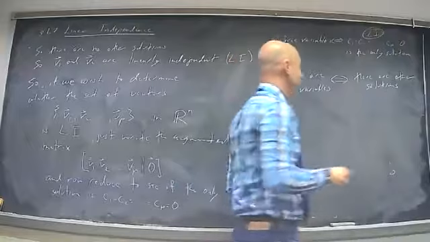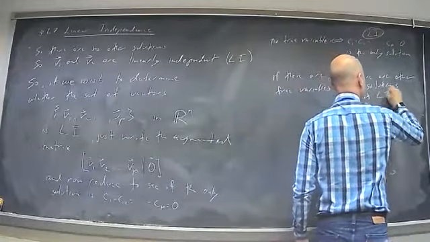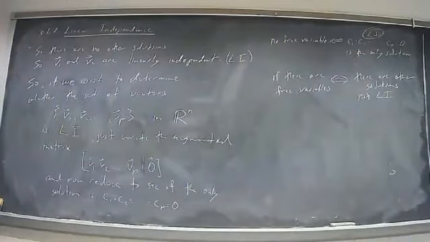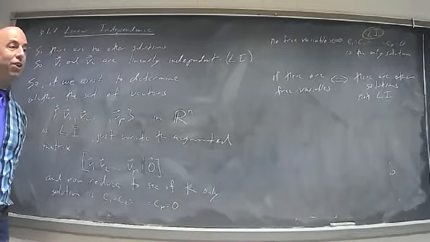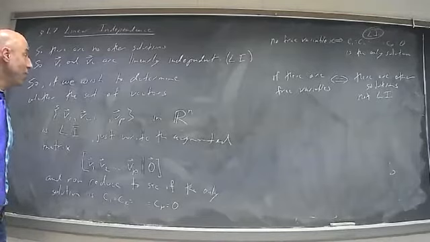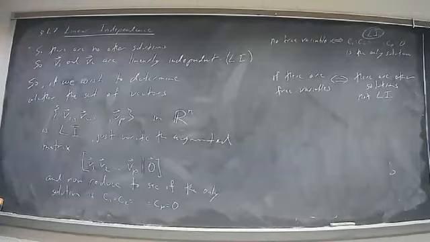This one's not linearly independent. So you already know the machinery to determine whether a set of vectors is linearly independent or not. Just write it as the columns of an augmented matrix, row reduce, until you can tell whether there are free variables or not.